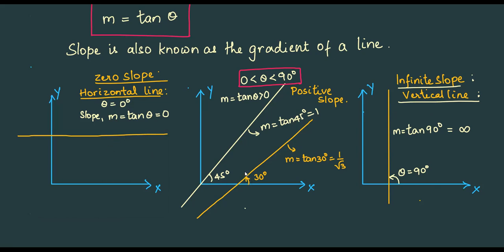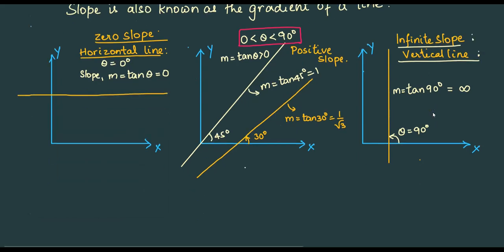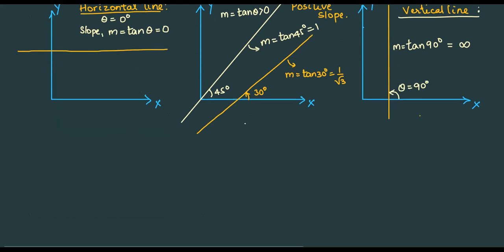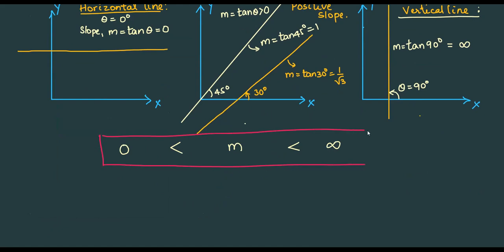As the line changes, slope value goes from 0 to infinity. Here, slope varies from 0 here, and it goes to infinity. All right. In this particular range here that we have seen in the graph.